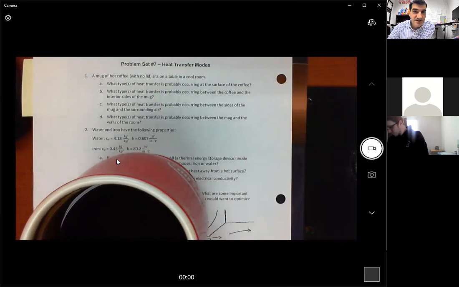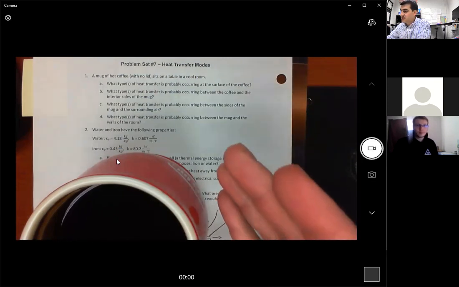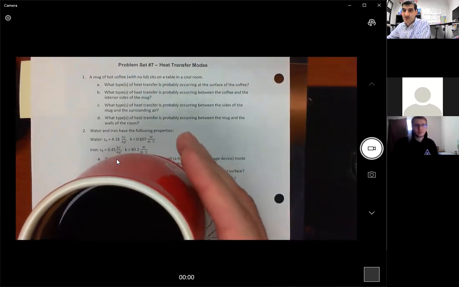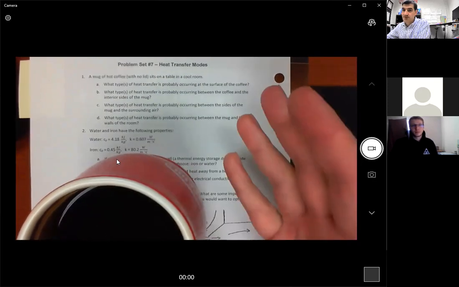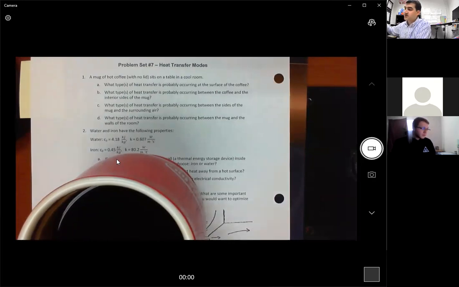And then part C, what type of heat transfer is occurring between the sides of the mug and the surrounding air? Well, once again, that would probably be some type of convection. If we say that the air in my office is pretty still, then we could say it might be conduction, but most likely you've got some type of convection, either natural convection, as the side of the mug is pretty warm, so it warms up the air, the warm air is less dense, so it rises, it's buoyant, so then it creates this circulation.